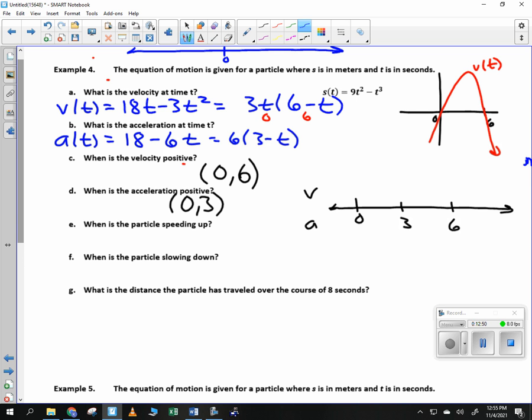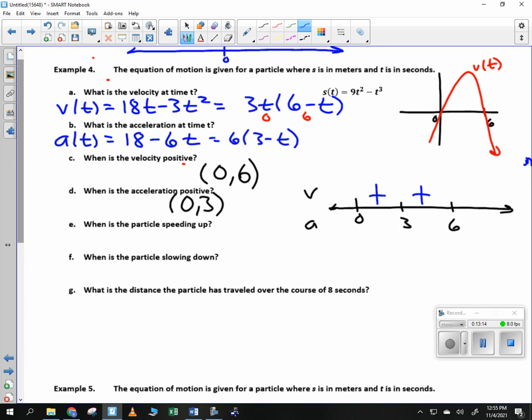The velocity from 0 to 3. Is the velocity positive or negative from 0 to 3? Is the velocity positive or negative from 3 to 6? Positive. I'm not looking at the slope. This is the velocity function. Is the function above or below the x-axis? So therefore it's positive.